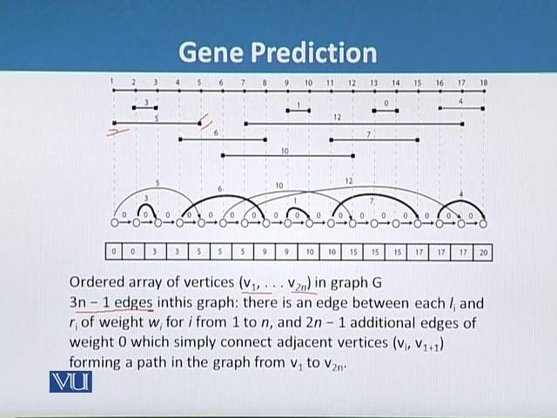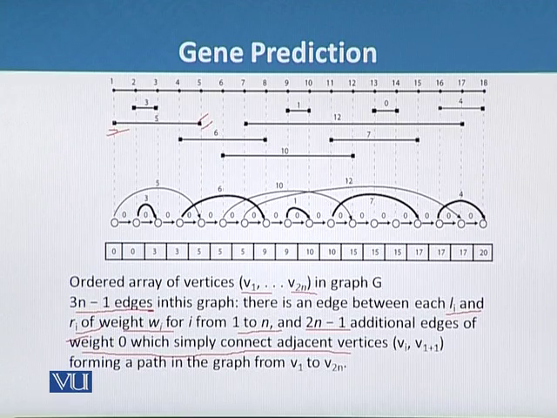So there is an edge between L1 and R1, where L means starting from the left and R means ending at the right, of weight Wi for i from 1 to n, and edges for i from 1 to 2n minus 1. So these additional edges of weight 0 will simply connect the adjacent vertices.